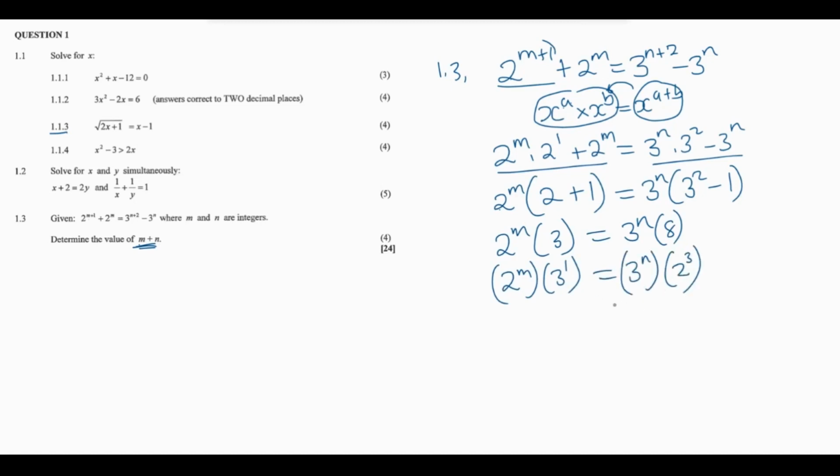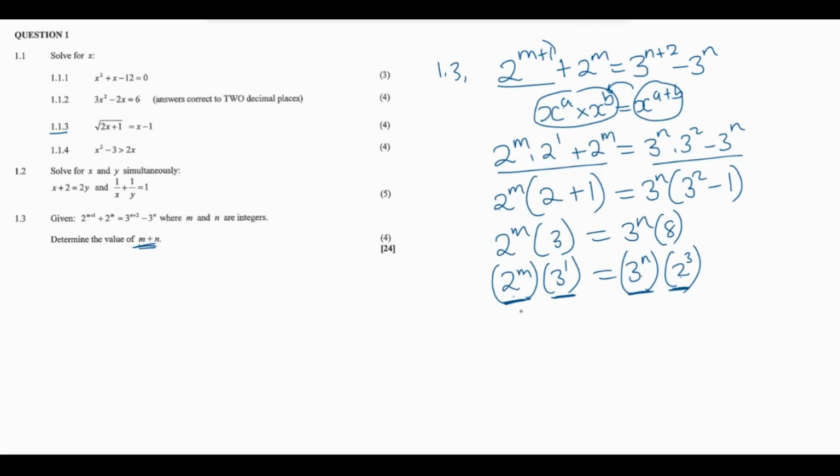So these things are equal, meaning that 3 to the power 1 must be equal to 3 to the power n, and 2 to the power m must be equal to 2 to the power 3. From this you can deduce that 2 to the power m is equal to 2 to the power 3, and 3 to the power 1 is equal to 3 to the power n.